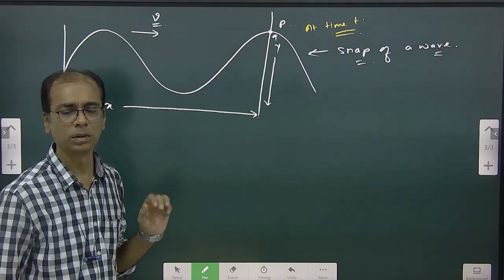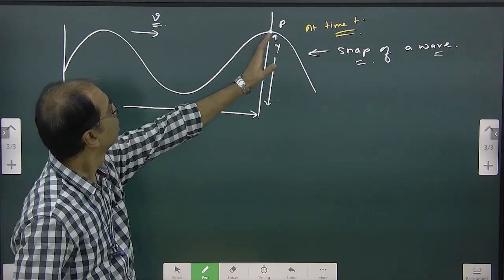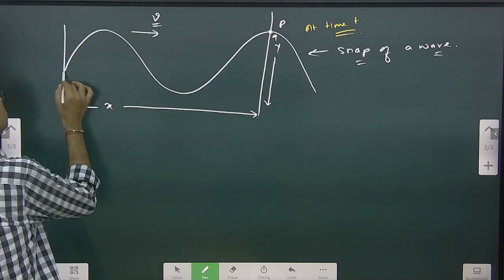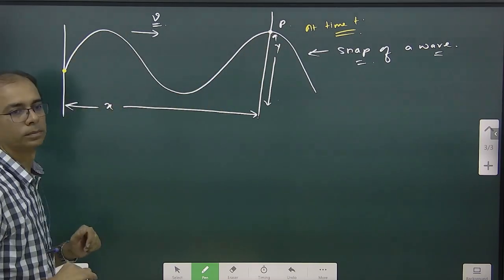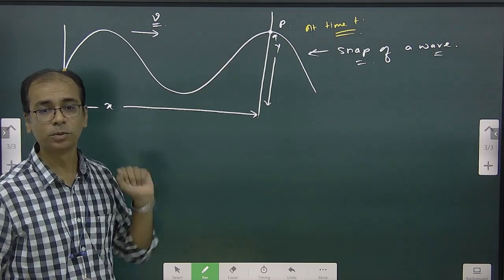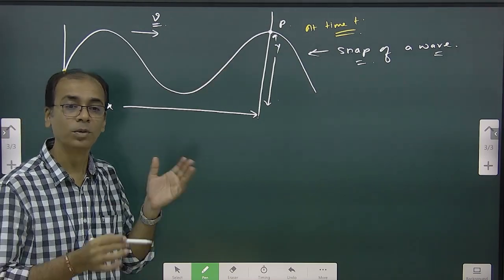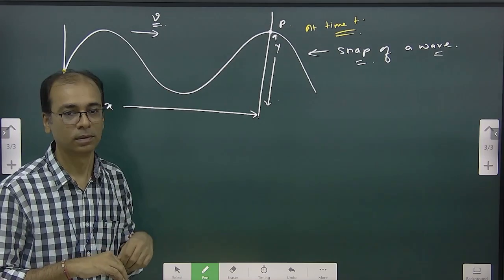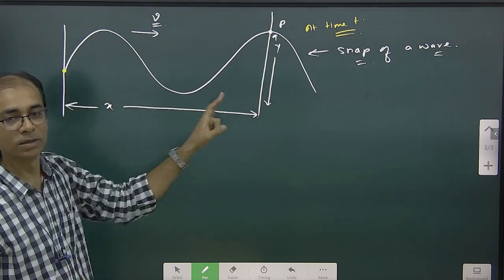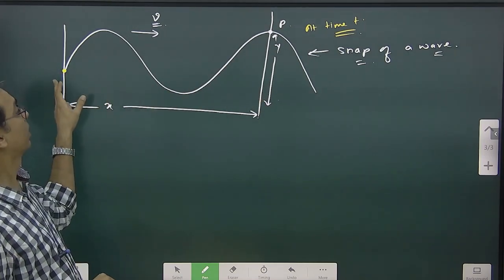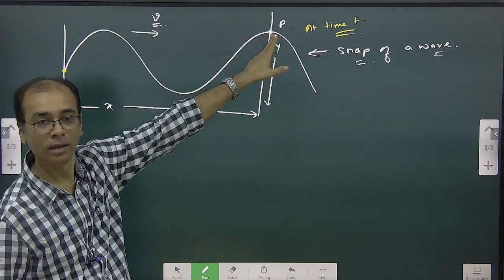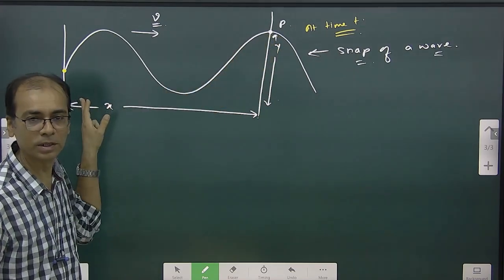Now this particle at distance x would have been in this position. How much time before? They are not in the same position at the same time. This point is somewhere here. This point is there. Right? This point also will come at that position? Yes or no?